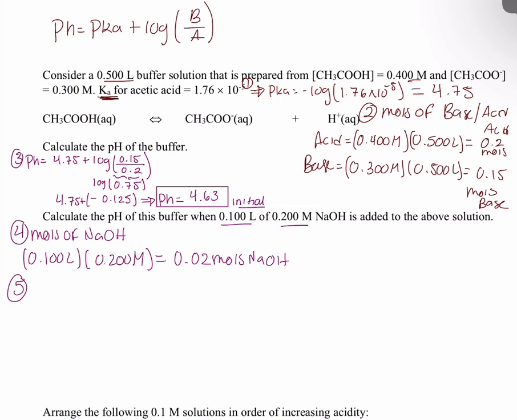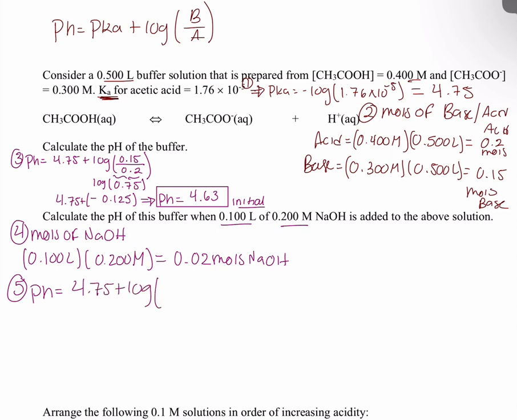So now that we know that, we're just going to plug this right back into the equation. Now, one thing to keep in mind, since we're adding an acid, oops, sorry. Let me take that back. Since we're adding a base, oh my God. We're adding a base, that means the base is going to increase and the acid is going to decrease. So this is going to look something like this. So the new pH is going to equal the same pKa value, which is 4.75 plus log.